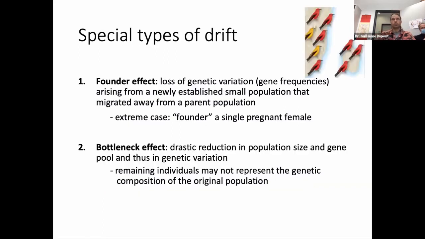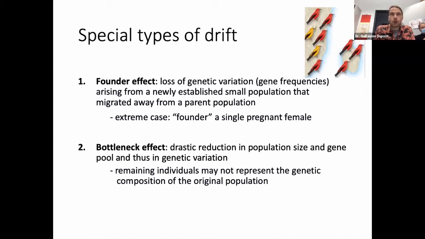And this brings me to two special types of drift, which we will also hear repeatedly when we later talk about specific cases in the class, specific papers. One aspect is the so-called founder effect. So this means that a few, or at least one single individual from a population migrates away from its source population and founds a new population somewhere else over a large distance.